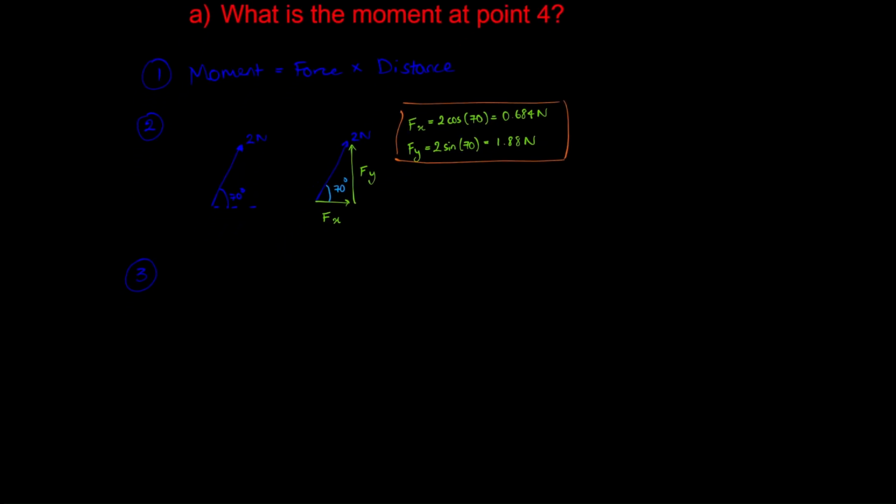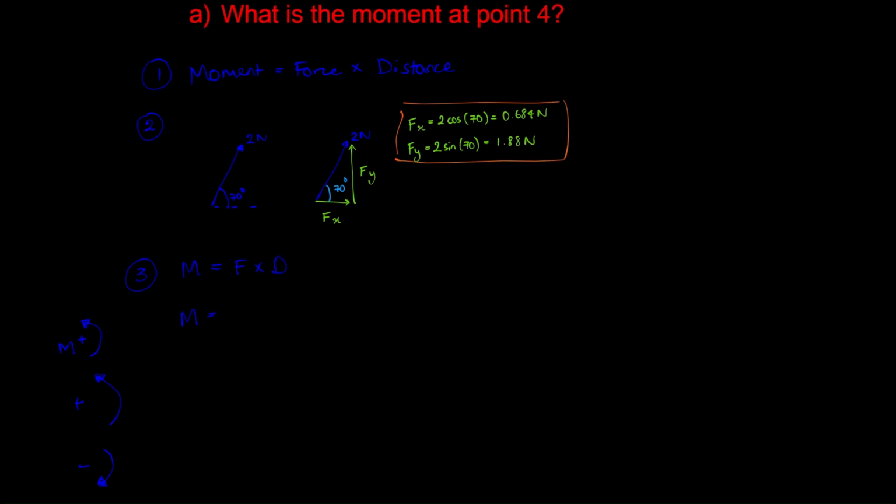So, plugging in our y force, moment is equal to force times distance. Let's just clarify: we're going to assume that positive moments are going in the anti-clockwise direction. So anything moving this way is a positive moment, and anything moving this way is a negative moment.